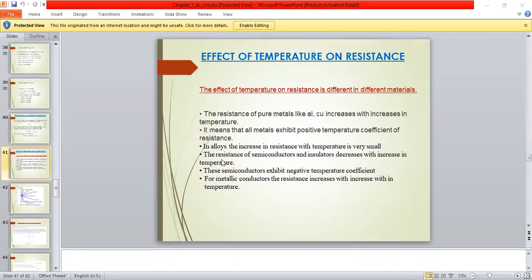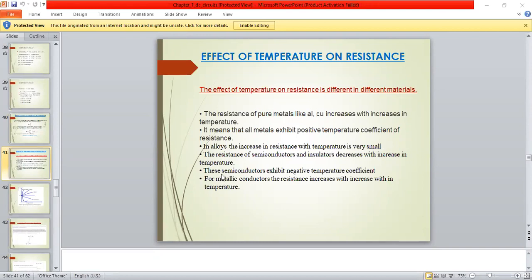Next point, the resistance of semiconductors and insulators decreases with increase in temperature. ठीक है, इन दो तरह के मटेरियल्स में, semiconductors and insulators, the resistance decreases with increase in temperature.